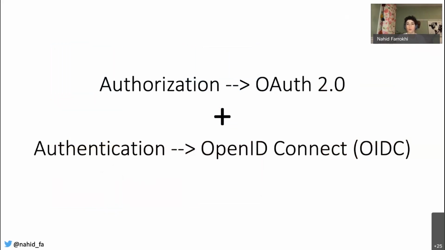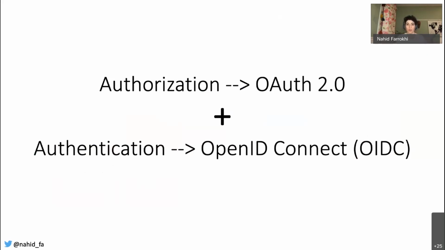OAuth 2 is the industry standard protocol for authorization. It is actually a delegation protocol. It means that it lets someone who controls a resource allow a software application to access that resource on their behalf. The user owns the data, but they are delegating this access to a software.